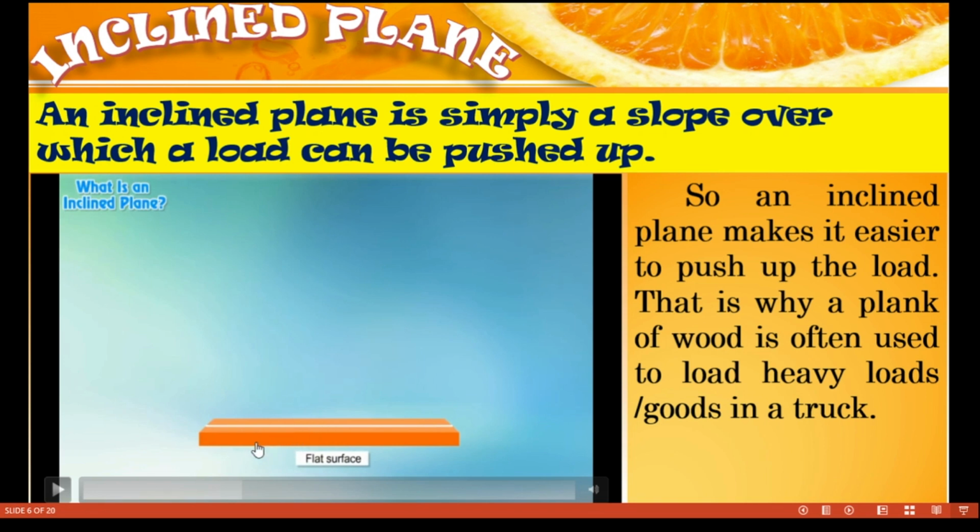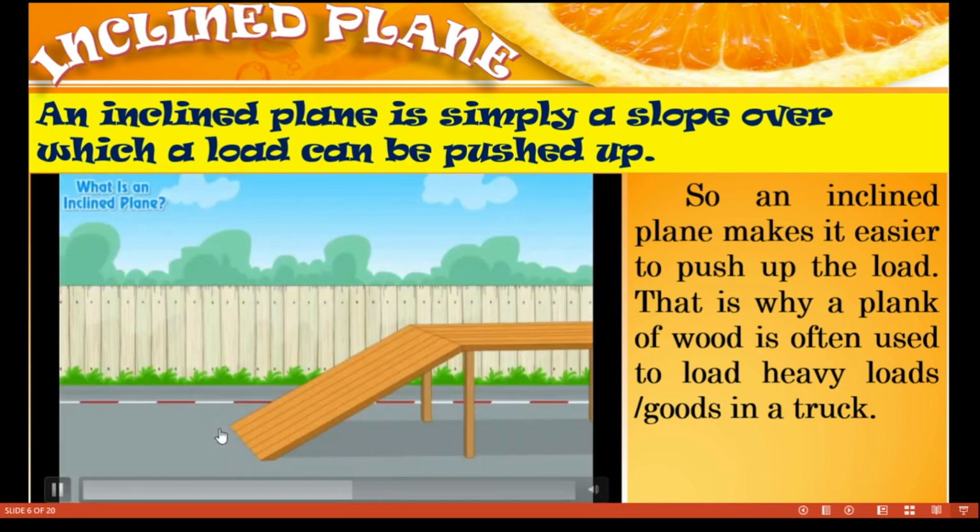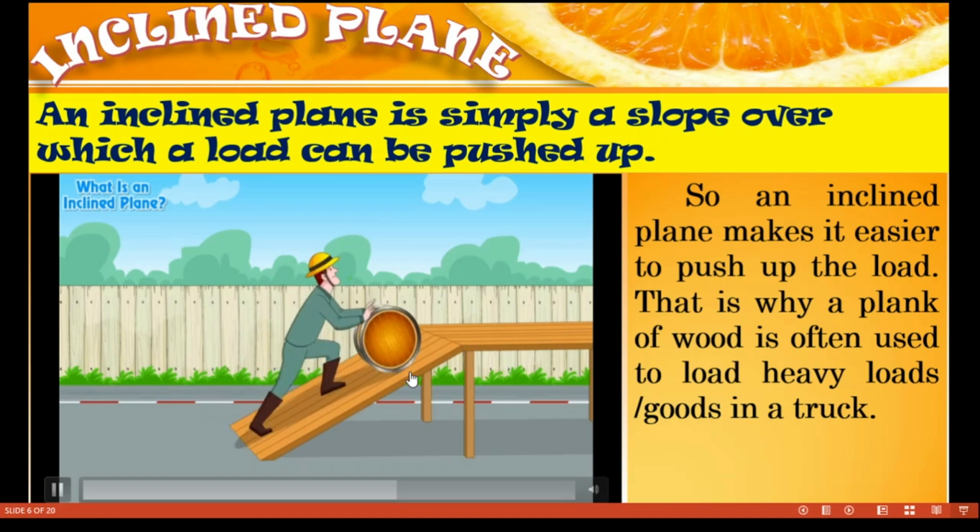Now look at this. What is this? This is a flat surface. What is the difference between a flat surface and an inclined plane? If you raise this flat surface, it will make an inclined plane. Look carefully, one edge is raised with respect to the other edge. If that is the case, it forms an inclined plane.